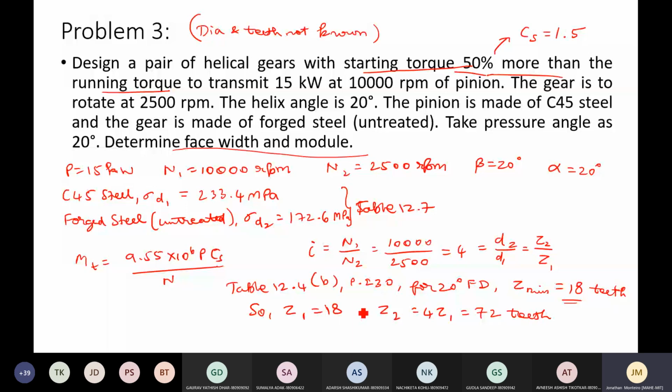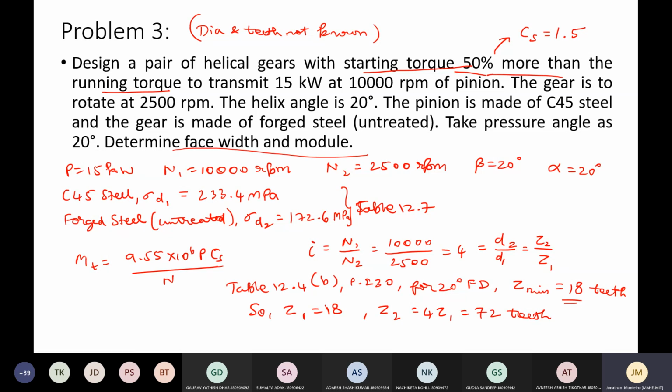Now we'll go for iteration of diameter. So it will take the form of what we have done in the first problem itself, that is m_n cube C_v will come into effect here, because Z1 is already done, that is, the number of teeth is already done. If you are familiar with all the procedures, students, you can just go ahead and finish off this problem, because I've given you all the inputs necessary.